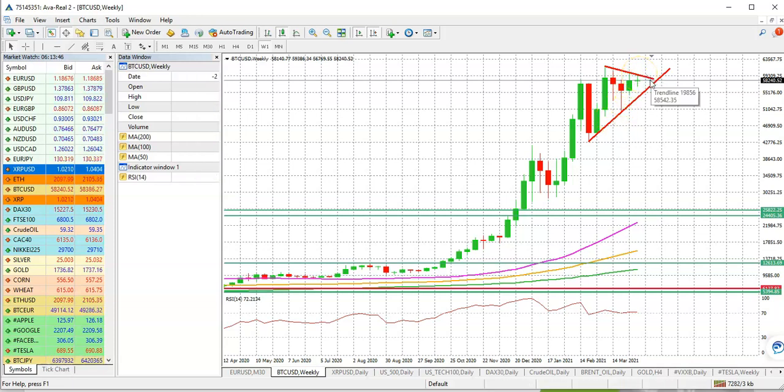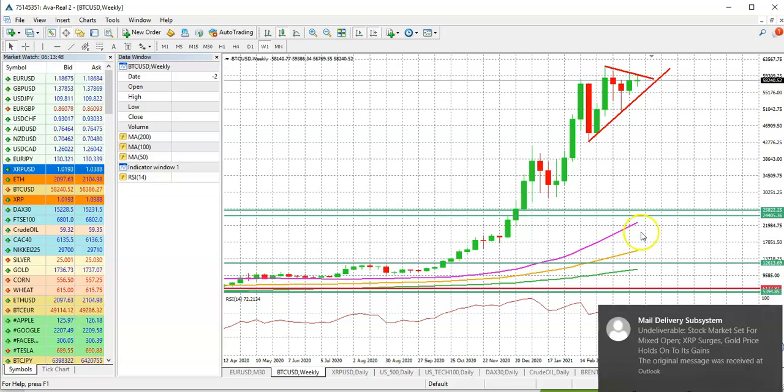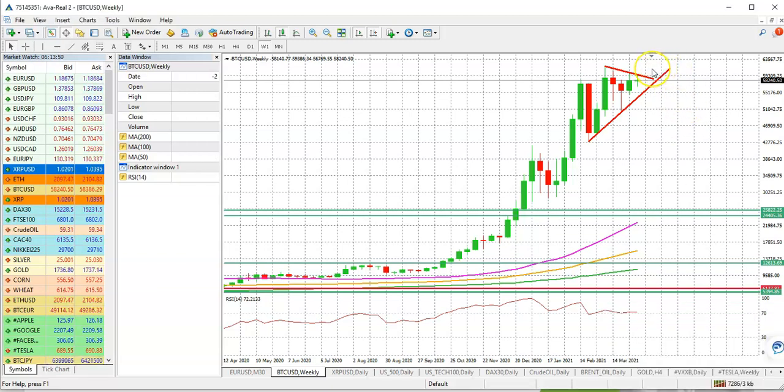It means that the prices are likely to break outside of this symmetrical triangle, and usually they break in the direction of the trend. Under the current circumstances, that longer-term trend is still skewed to the upside, so we could see the Bitcoin price break to the upside.